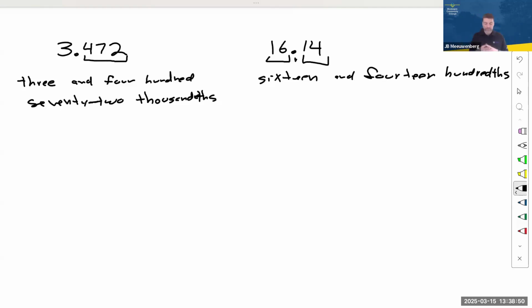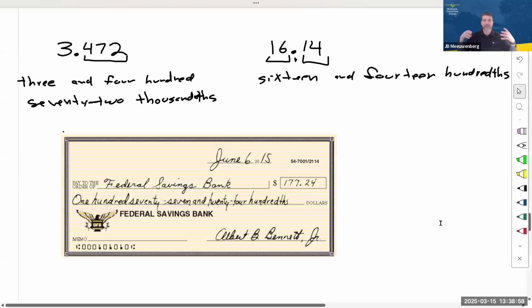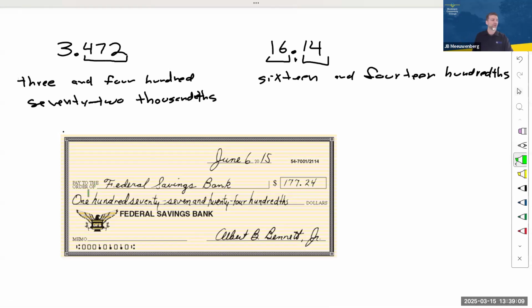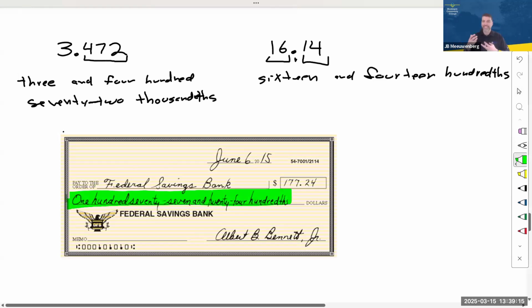So just to kind of wrap up this first video, one common place that we have to do that and write numbers out is in a check. Now I know that we don't do lots of checks anymore. Occasionally you do, or you might receive them, but that written part here is where we often see those numbers written out properly, right?